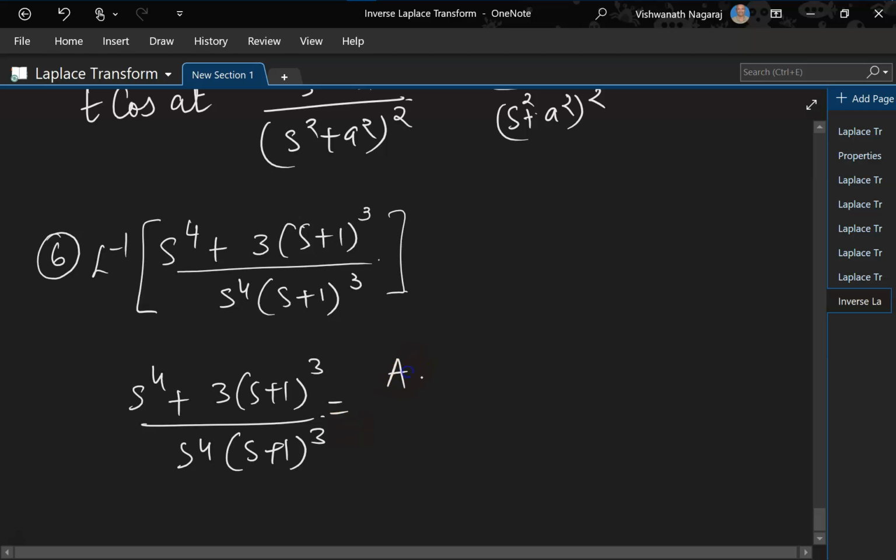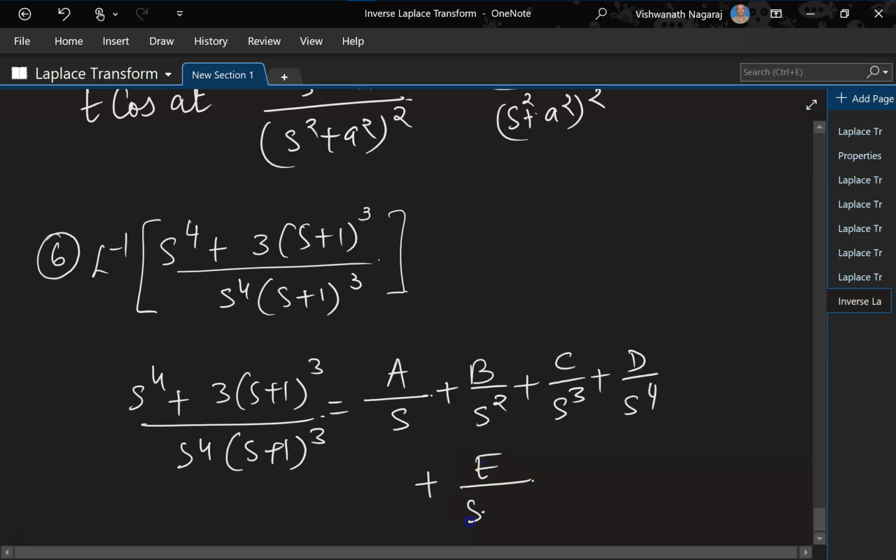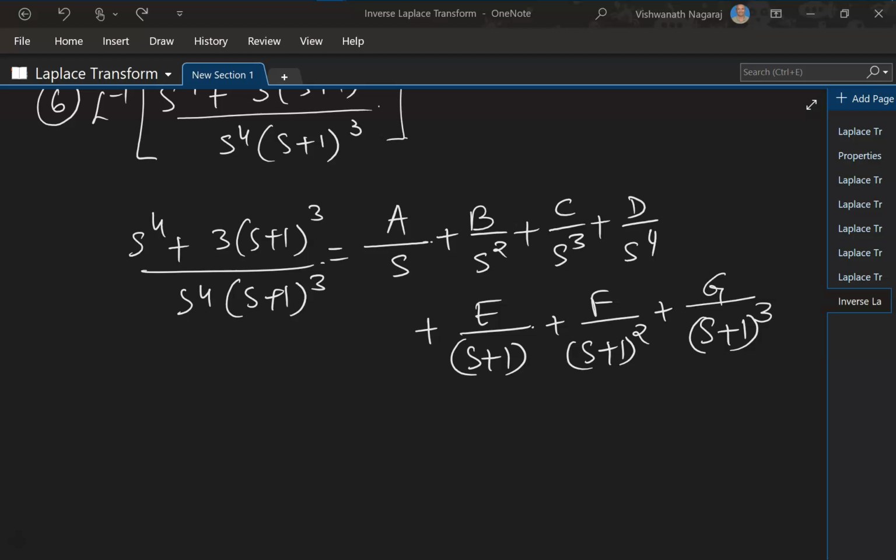So it will be a by s plus b by s square plus c by s cube plus d by s^4, plus, now because of (s + 1) cube, e by s plus 1 plus f by (s + 1) square plus g by (s + 1) cube. Now here if you notice, there are only two terms, s^4 and (s + 1) cube.